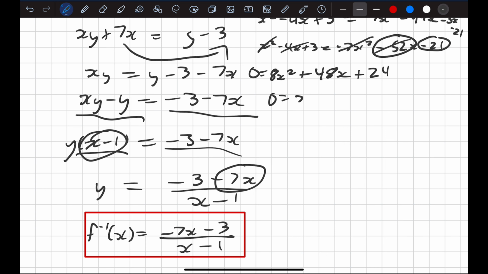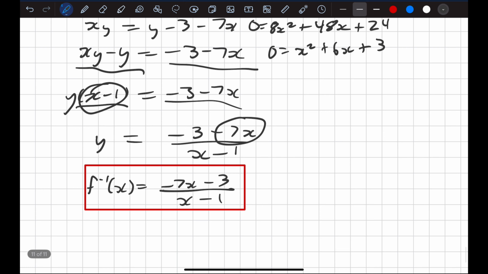This gives x squared plus 6x plus 3 equals 0. Now we have to use the quadratic formula because the 3 cannot multiply out to add up to 6. Our quadratic formula is x equals negative b plus or minus the square root of b squared minus 4ac, all over 2a.